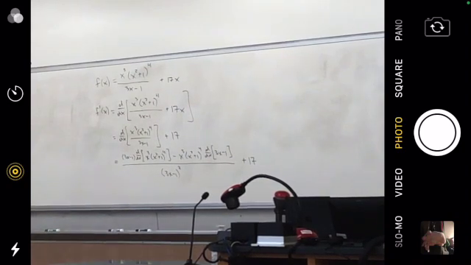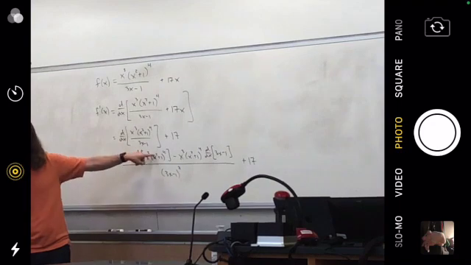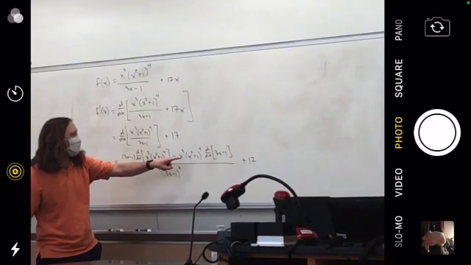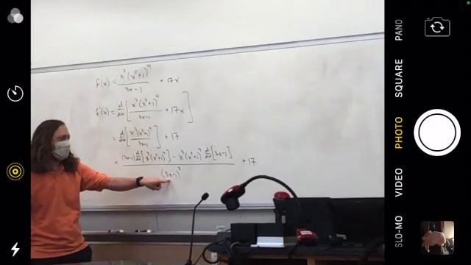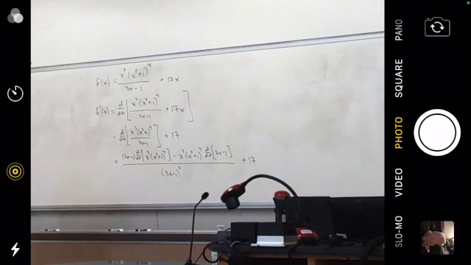Alright, so quotient rule said bottom function times the derivative of the top function. Did I take this derivative? I just said I need this derivative, right? Just put in the placeholders. Minus the top function times the bottom, all the bottom square. This one, what's the derivative of 3x minus 1? 3.